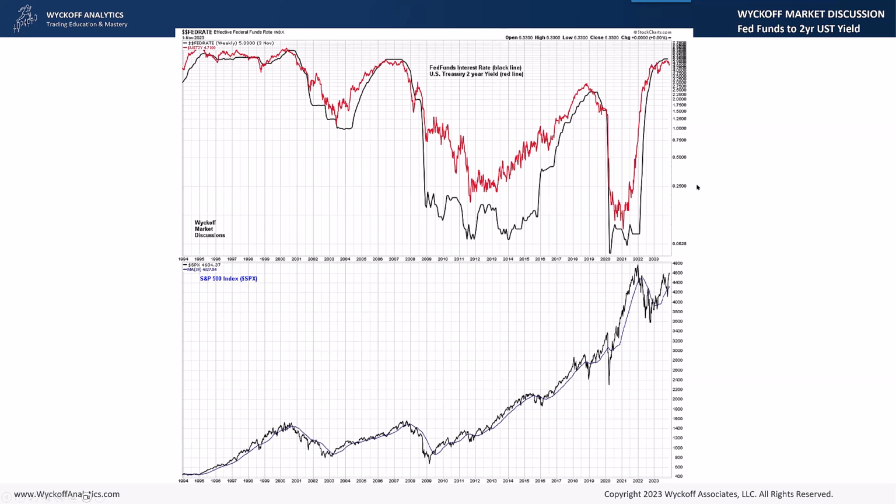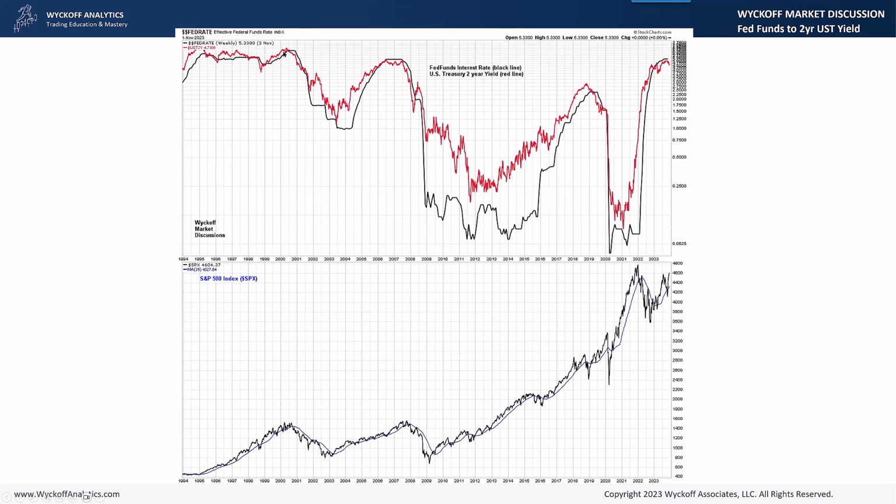And I've got a couple of charts that speak to what you're talking about, but I thought for perspective, it might be good to go back and look at the Treasury 2-year yield and the Fed rate together. You can see that the 2-year, the red line, is really setting policy, and then the Fed follows, and the Fed finally catches up with the yield on the 2-year, like here and here.